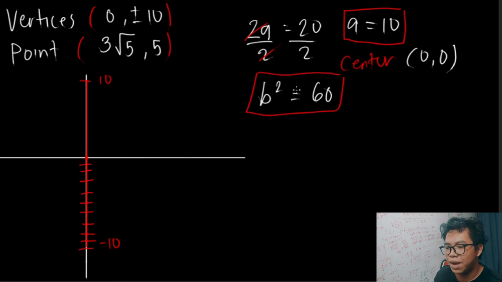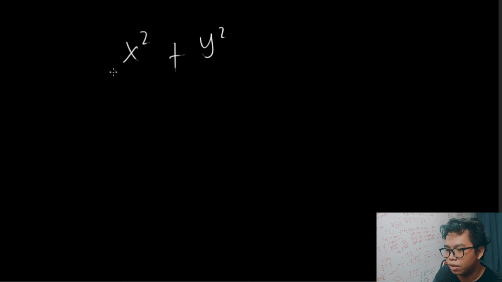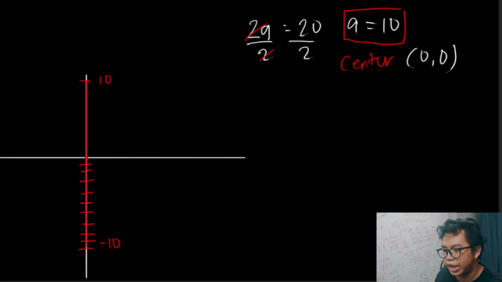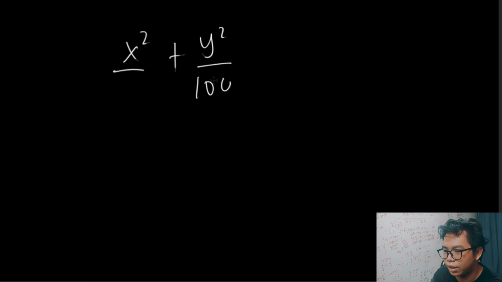Gamit yung tatlong yan, mahanap na natin yung equation. Tandaan nyo, a is 10, b squared 60, center 0, 0. I-type na ito yung magiging equation. A is equal to 10, so ibig sabihin 100 and then 60. Ito yung sagot.